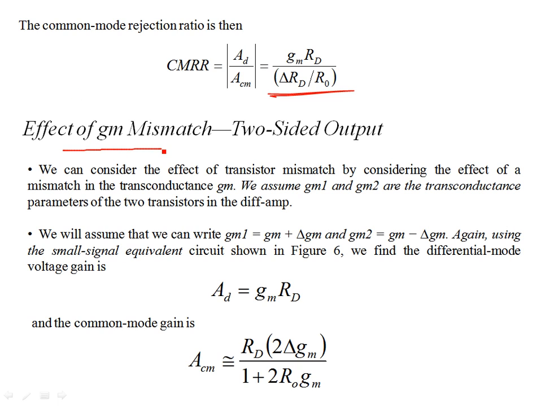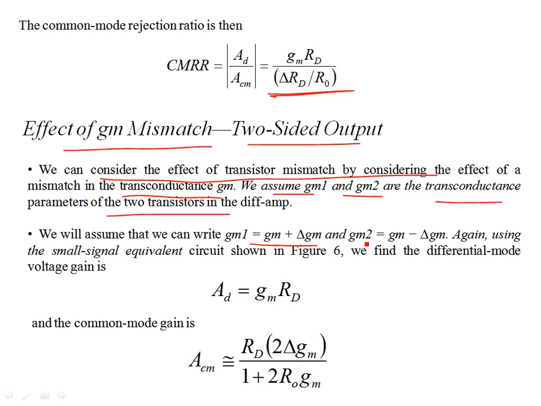Then let's have a look at the similar effect of transconductance mismatch in a two-sided output. We can consider the effect of transistor mismatch by considering the mismatch in the transconductance gain GM. So we assume GM1 and GM2 are the transconductance parameters of the two transistors in the differential amplifier, and assume that GM1 is GM plus delta GM, and GM2 is GM minus delta GM.